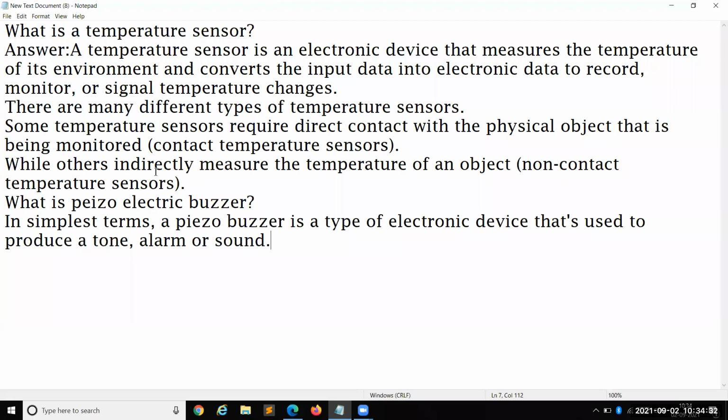It looks like a gun sort of thing, not actually a gun, and it comes near your forehead, and the person on the other side can see the temperature. That's how the contactless temperature sensor works, okay? But with the contact temperature sensor, the person has to come in direct contact, and only then will it monitor the temperature. So that's what a temperature sensor is.